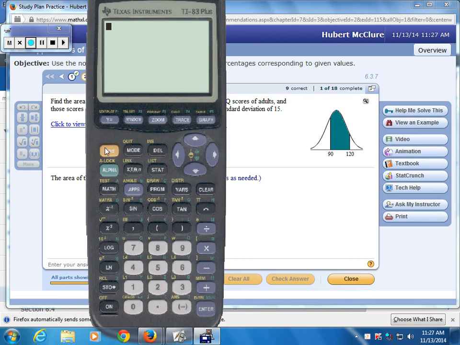So type in second, enter, and we're going to type in negative 0.67 and delete to positive 2.0. Oh, I'm sorry. Is it 20 divided by 10 or 20 divided by 15? Oh, I'm sorry. You're right. I'm not thinking too well.